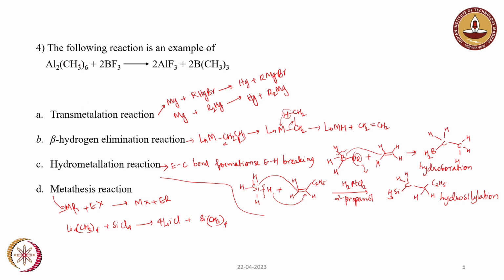The given example is Al2(CH3)6 plus 2BF3 giving 2AlF3 plus 2B(CH3) thrice.